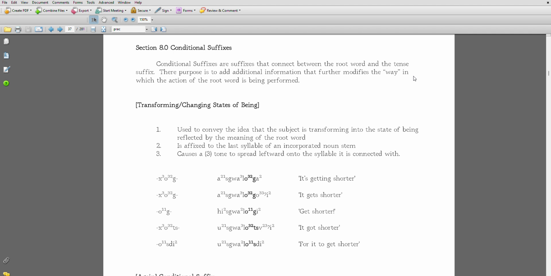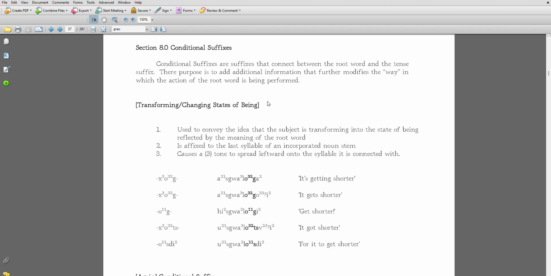So, transforming or changing states of being. This conditional suffix is what I call the transformative. So when you use this, it means you are a certain way or becoming a certain way from a previous state, or just changing your state to a different state. It's used to convey the idea that the subject is transforming into the state of being reflected by the meaning of the root word. And number 2 is affixed to the last syllable of an incorporated noun stem.